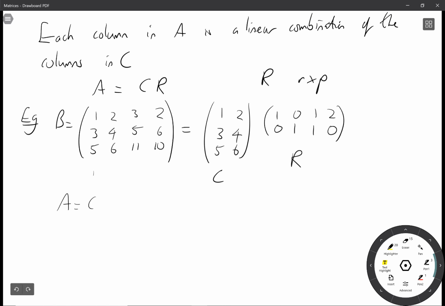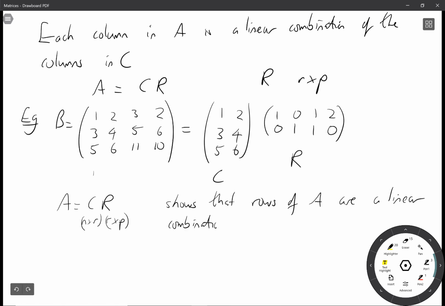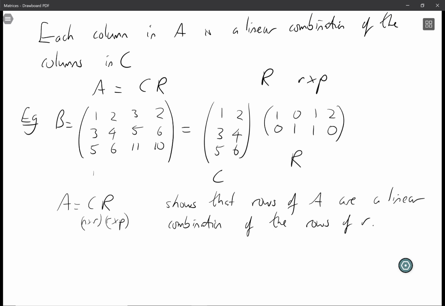But A equals CR, so C is N times R, R is R times P. So A equals CR shows that the rows of A are a linear combination of the rows of R. So from this we must have that the row rank of A can be at most R, because we've used R rows in capital R. We've taken linear combinations of them to make all the original rows in A, so its row rank must be at most R.